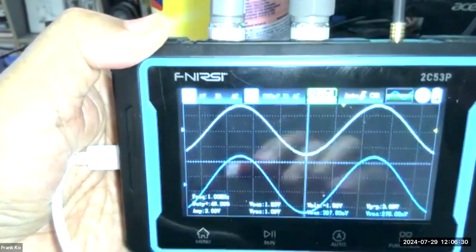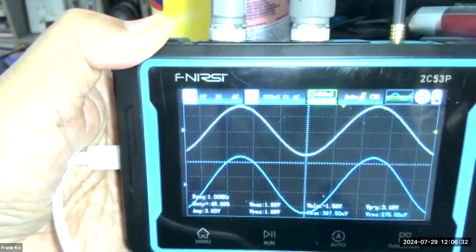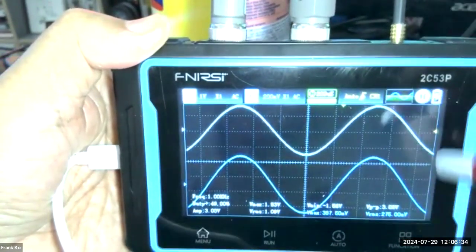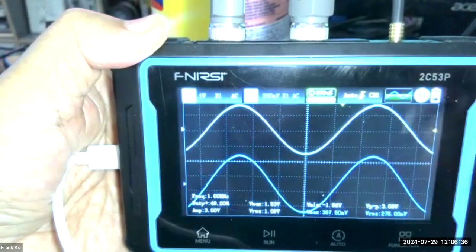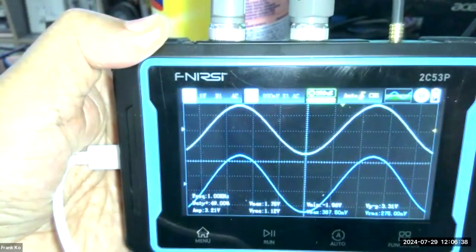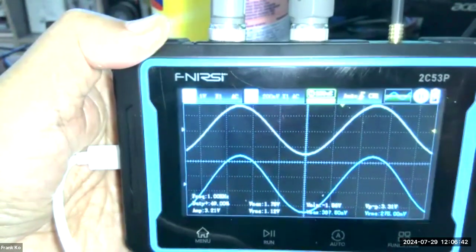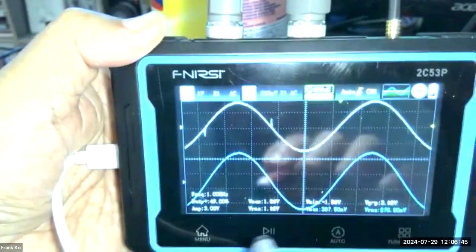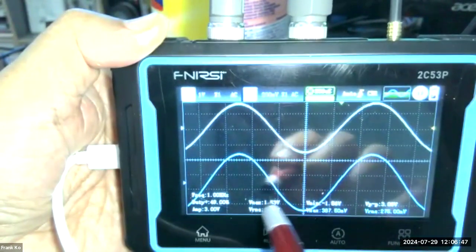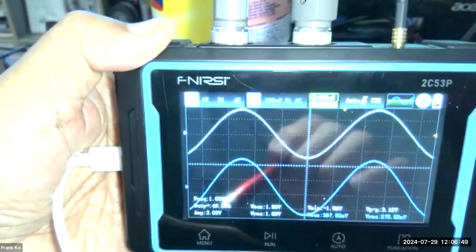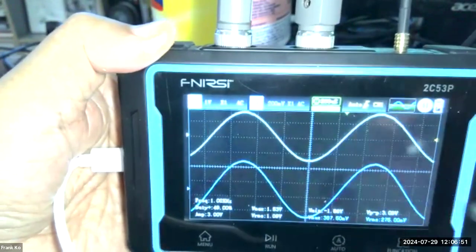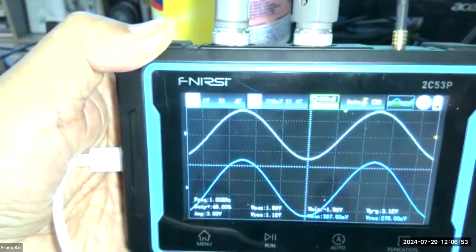So it's a little more juice coming out of the signal generator, even though the signal generator is set at 3 volt peak to peak, 1.5 volt peak. Even though it's set to 1.5 volt peak, it's going to be just a little hotter on the actual circuitry on the board. So these traces are reading information right off the board.